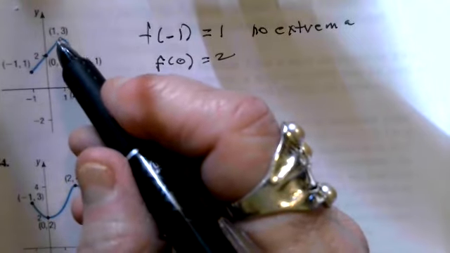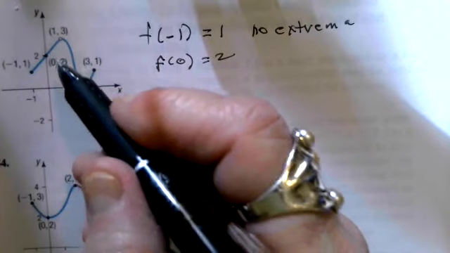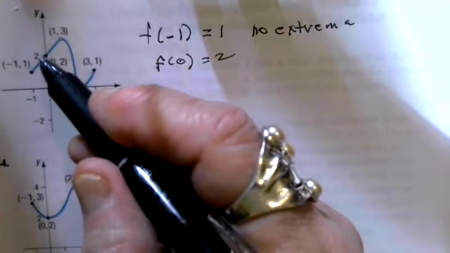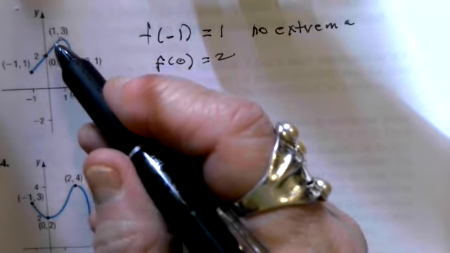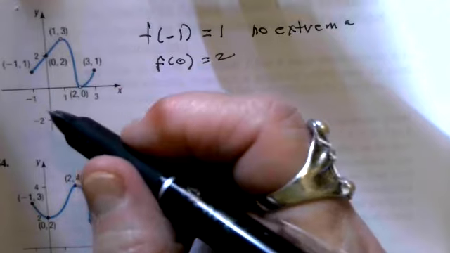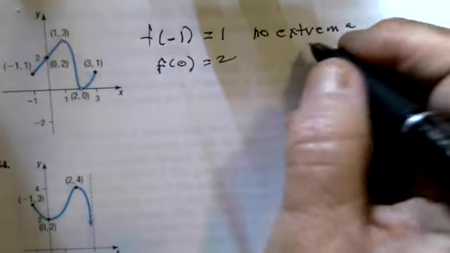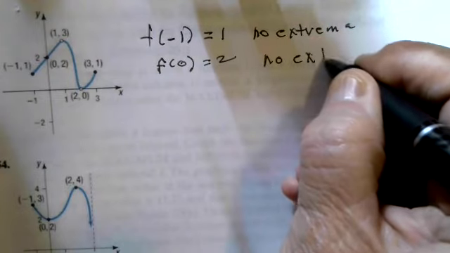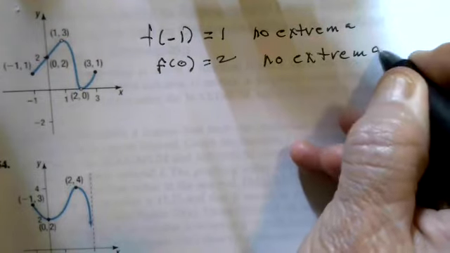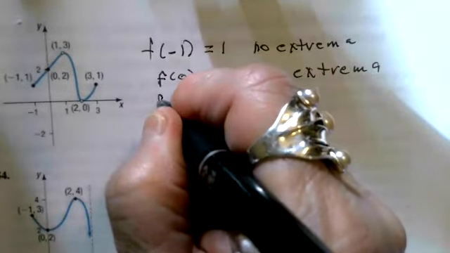So here it's increasing and then it starts decreasing. When we're at this point, it's increasing and it doesn't change. It just keeps increasing. So that is no extrema. There's nothing there either. And it's not the absolute max or min. Now, f of 1 equals 3.